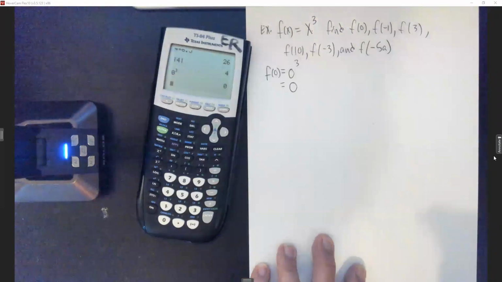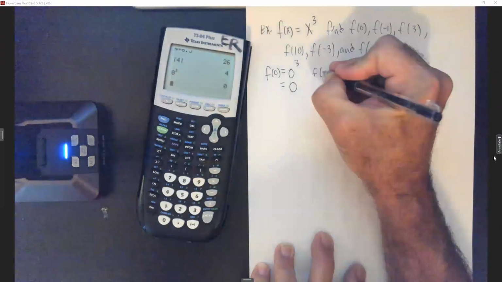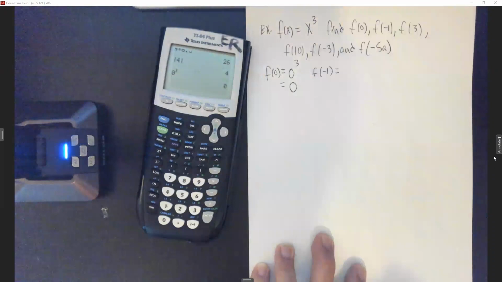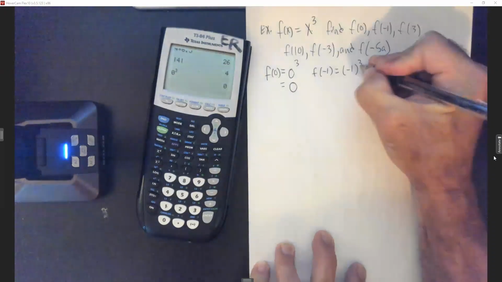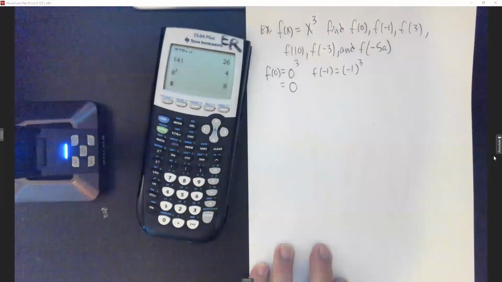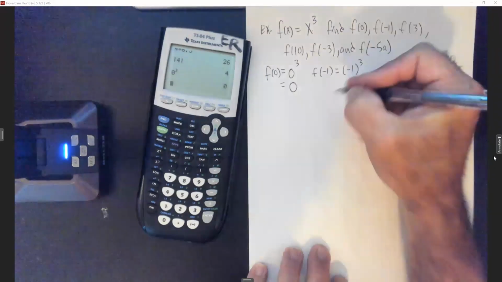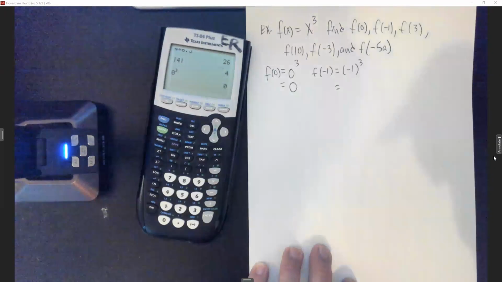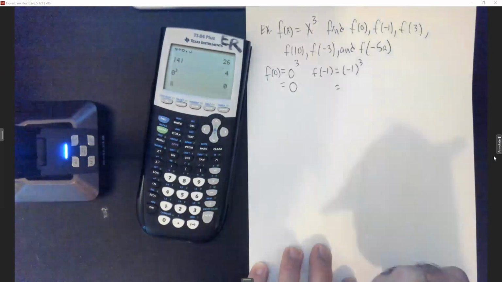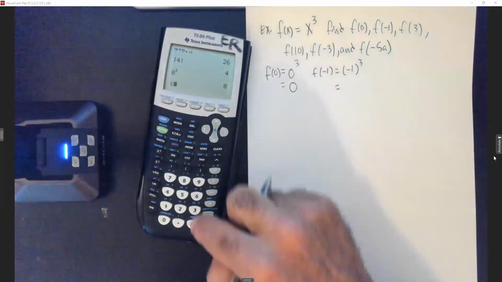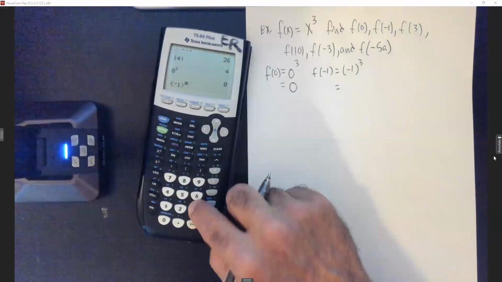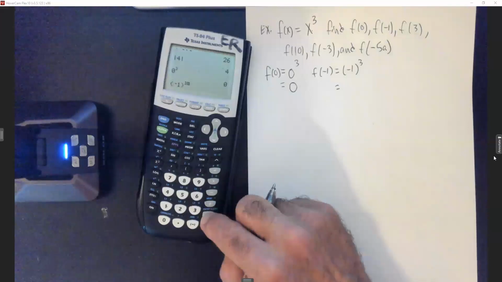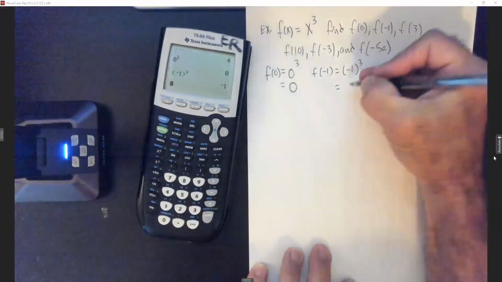Then I would find f of -1, which will be -1 to the 3rd power. So this is -1 times -1 times -1. If you wanted to do that on the calculator, punch in your -1, use that caret key to put in your exponent of 3, hit enter, and you still get -1.